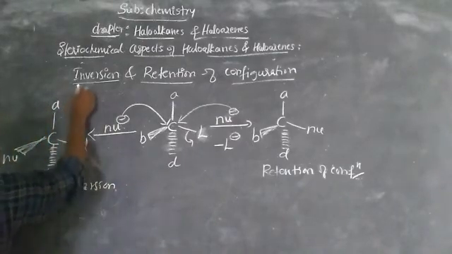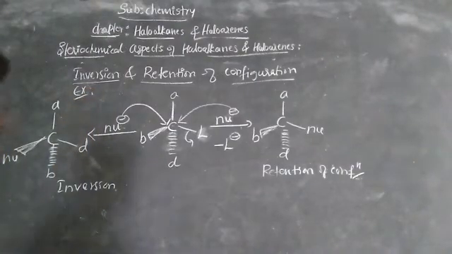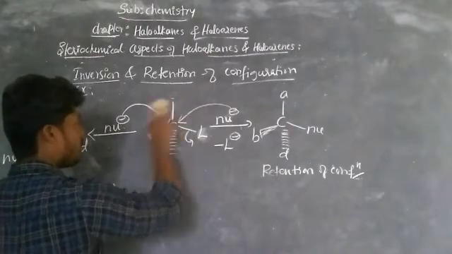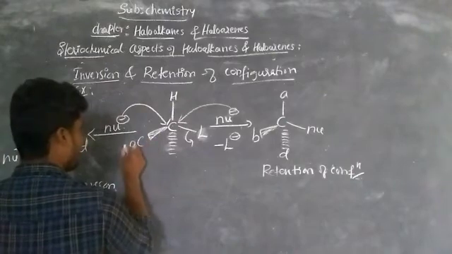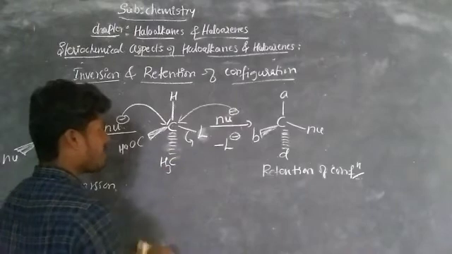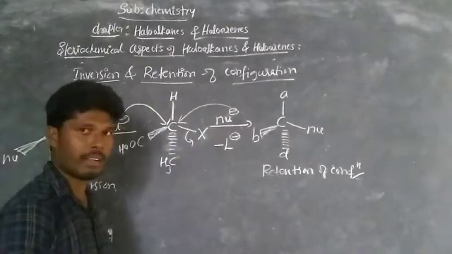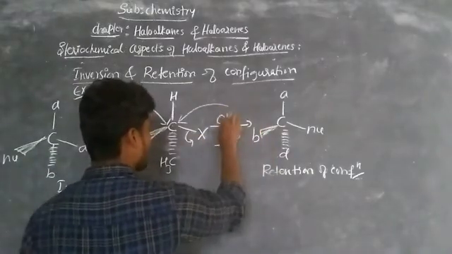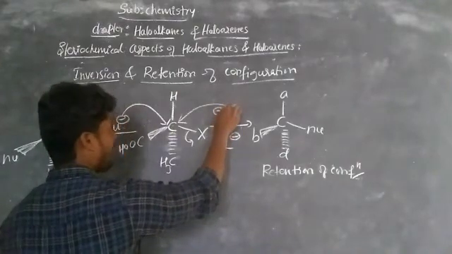Now for example, take a compound of the type where in place of A, B, C, D we take groups. Observe, in place of A I take hydrogen, here I take OH group, and here I take CH3. In place of L I take a leaving group, a halogen, generally written X. Now in place of the nucleophile I write OH, that is nucleophile OH minus in this particular example.